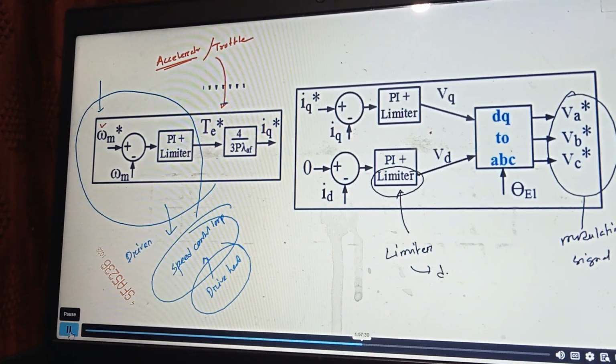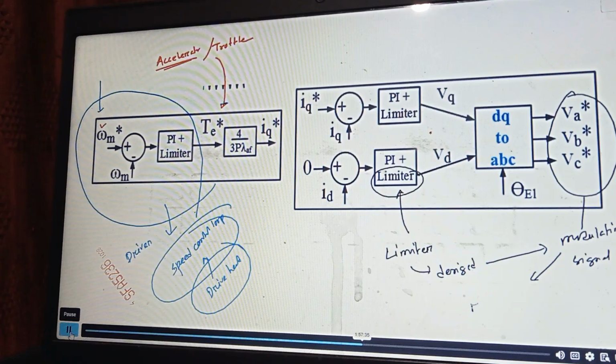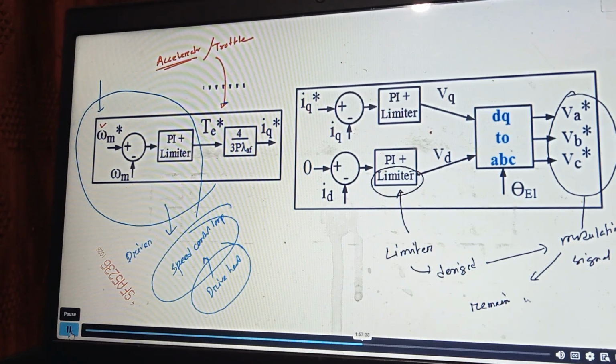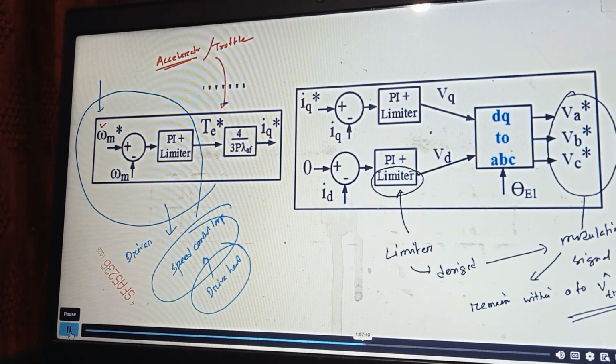These limiters are set in such a way that the modulating signal remains within 0 to V tri peak. That is the reason we are using a limiter, so that in regular operation the modulating signal does not go beyond the carrier signal. That is the role of the limiters.